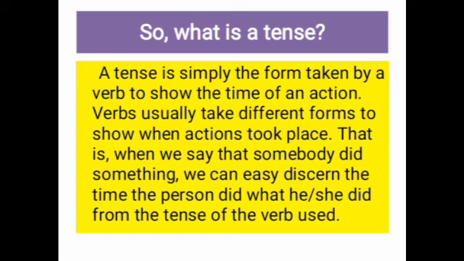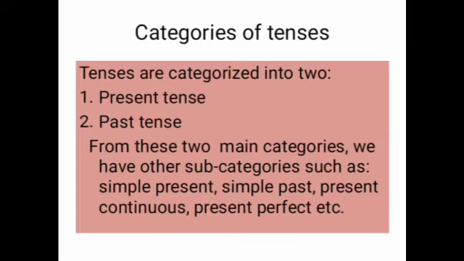And we said that we have 2 categories of tenses. Number 1, present tense. Number 2, past tense. Then we have other subcategories like the simple present, simple past, present continuous, present perfect, past perfect, etc. But today we only looked at the simple present and the simple past.